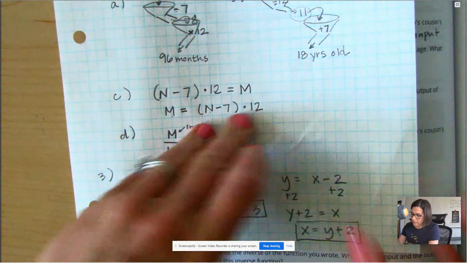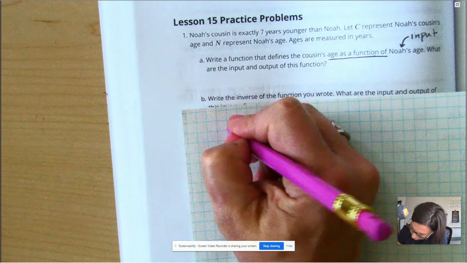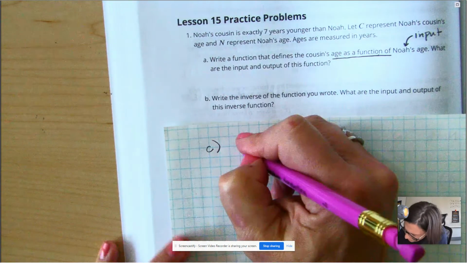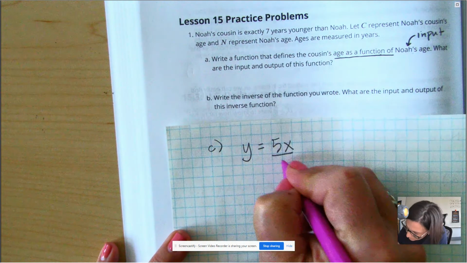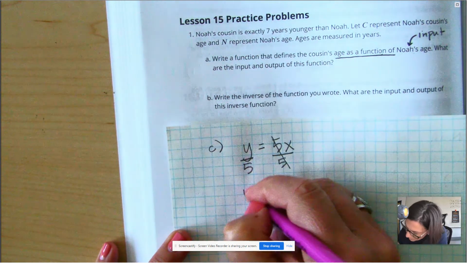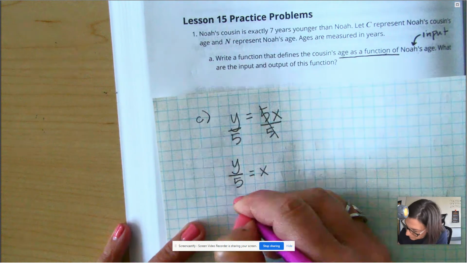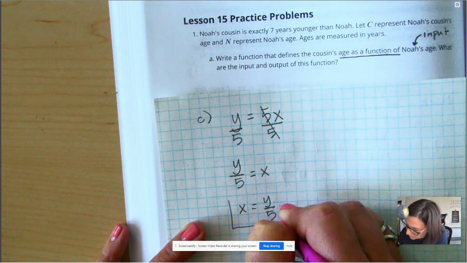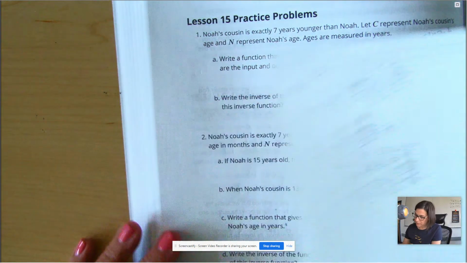Okay, let's try C. That was A, B. Let's try C. If y equals 5 times x, the inverse of that is y divided by 5 equals x, or x equals y divided by 5. I'm just writing the x on the left, changing your input and your output.